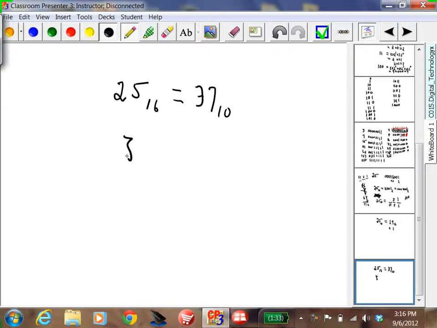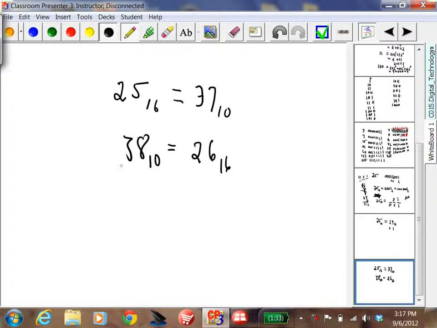How much is 38 decimal if you express it in hexadecimal? Come on, has to be 26.